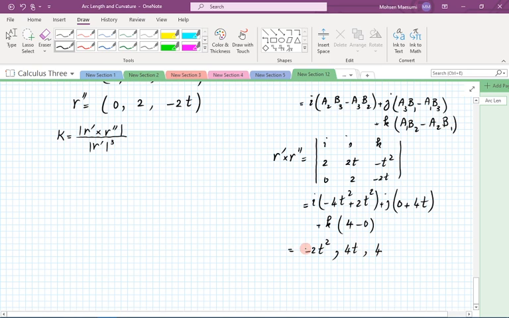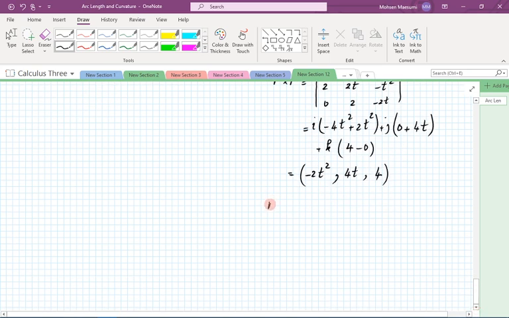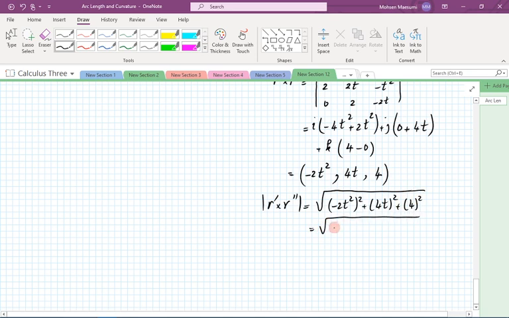I didn't write i, j, k because they just make it more cluttered. Then I want to take the absolute value of this thing. So how do you take the absolute value? Well, you square the components, add them up, and take the square root. So let's write this quickly: 4t to the power of 4, 16t squared, and another 16.